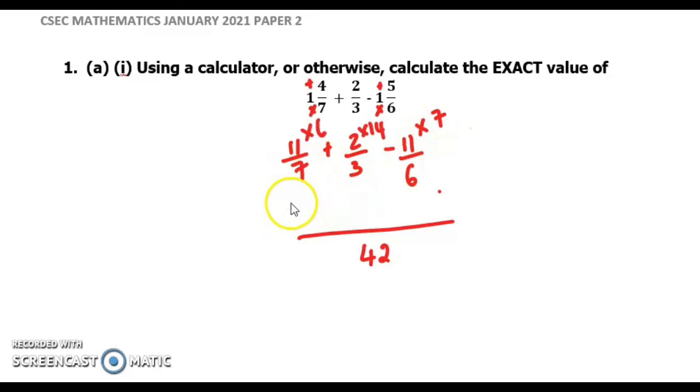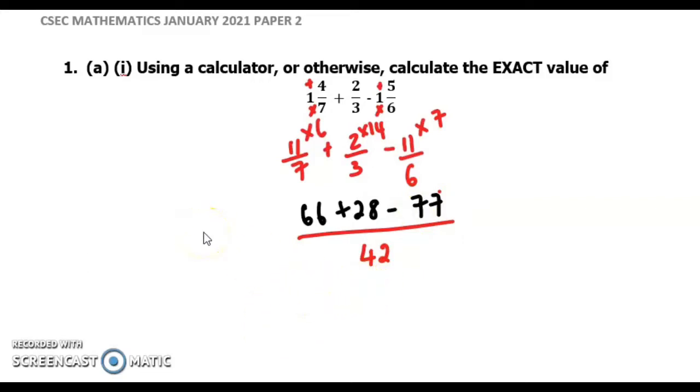So now we're going to multiply, and here we have 6 times 11, 66, and 2 times 14, that is 28, so we have plus 28, minus 7 times 11, that is 77. So what you can do now, you can add your 66 plus your 28.